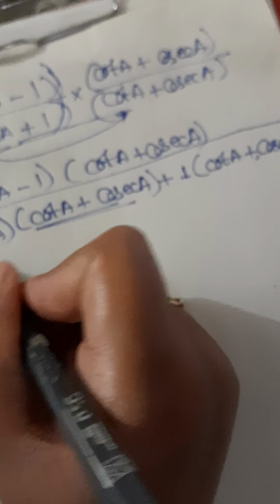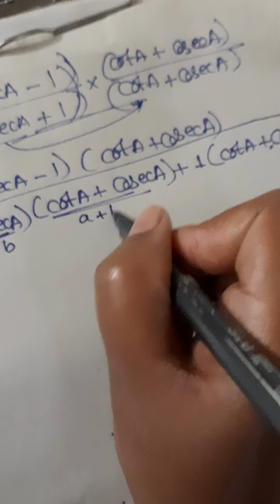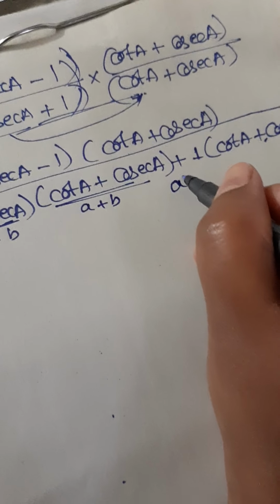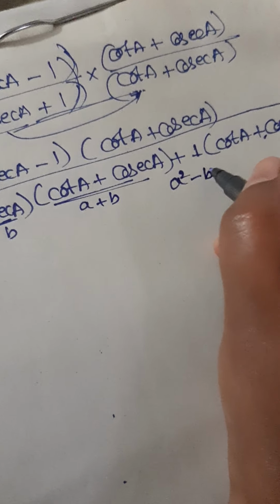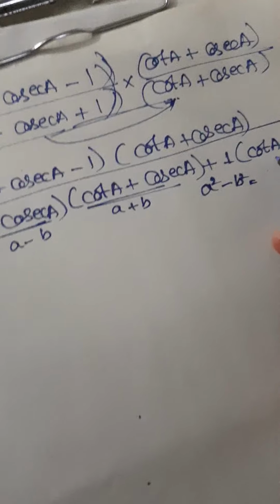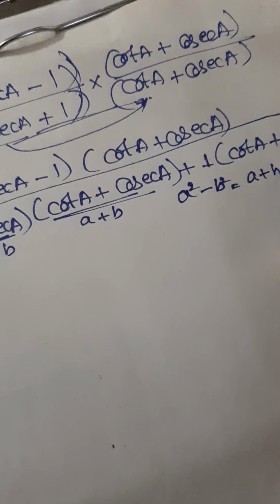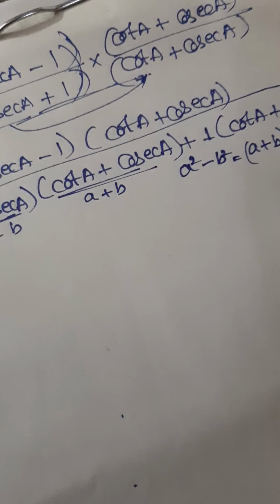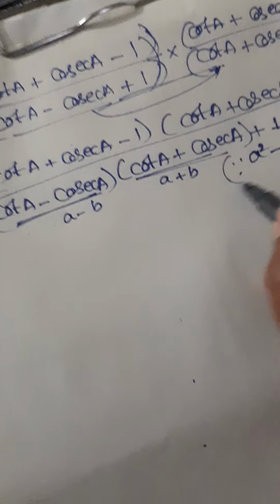Okay, by seeing these two things, what we are feeling is A minus B, A plus B. So we can take this formula, A square minus B square is equal to A plus B times A minus B. This formula we can apply here.